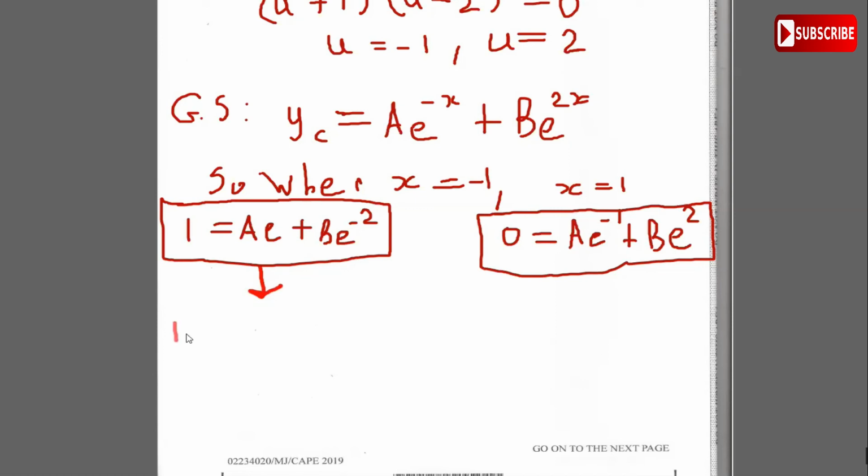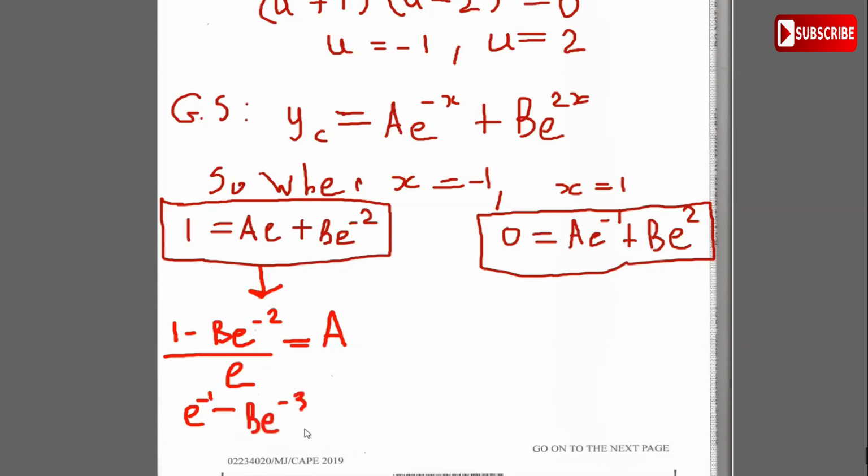I'm going to get 1 minus B e to the minus 2 over e, that's going to be equal to A. 1 over e is e to the minus 1, and B e to the minus 2 over e is B e to the minus 3.